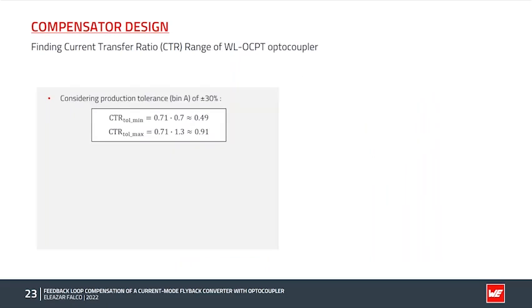So we take a nominal CTR value of 0.71, but the production tolerance of the bin A also needs to be factored in, which in this case is plus minus 30%. This gives a CTR range between 0.49 and 0.91.